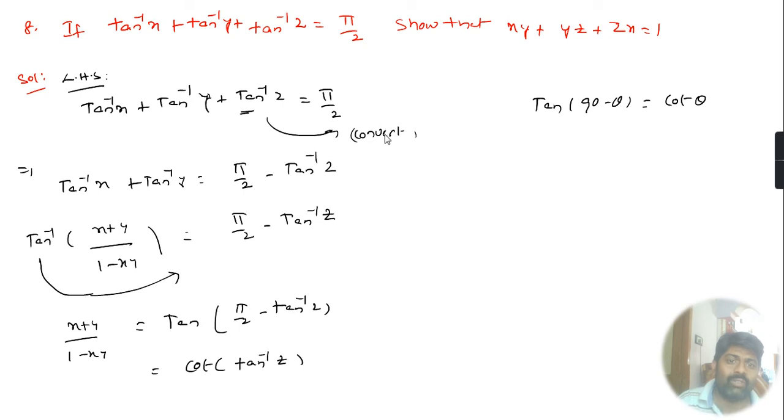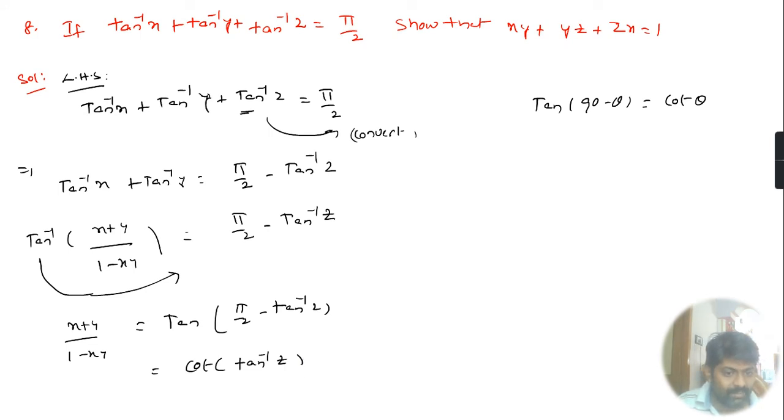This is converted to the right side of the equation, pi by 2 minus tan inverse of z. And we apply the formula: tan inverse x plus tan inverse y is tan inverse of (x plus y) by (1 minus xy). Then tan of (90 minus theta) is nothing but cot theta, so we get cot of tan inverse of z.